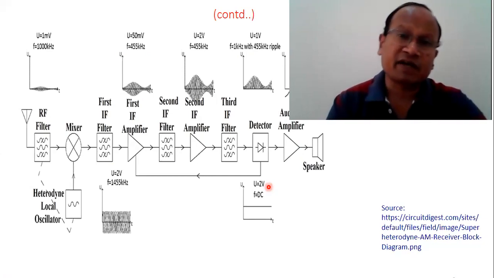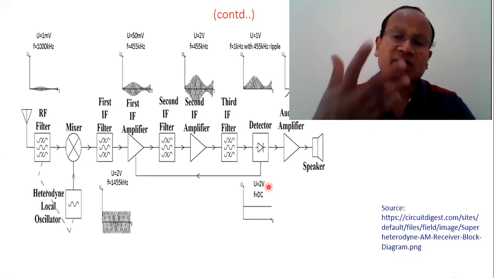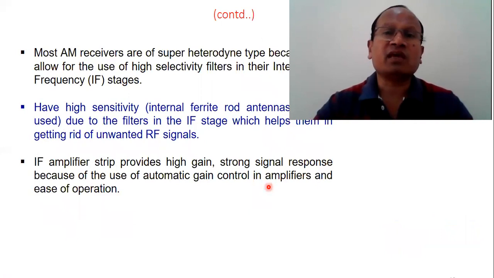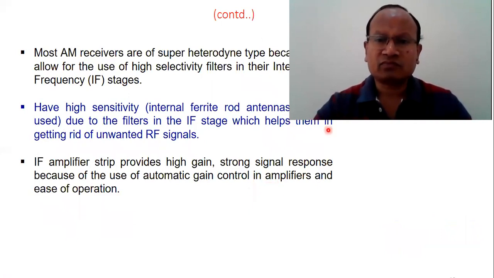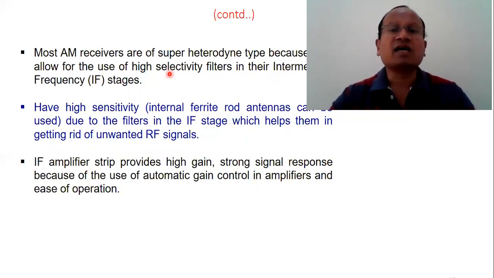Whereas the RF amplifier plays the same role as it played in the ordinary or simple AM receiver. So let us understand these. We have already discussed the components, but in AM receivers we have noted high selectivity filters. High selectivity filters are used so that the IF stages can provide better selectivity.